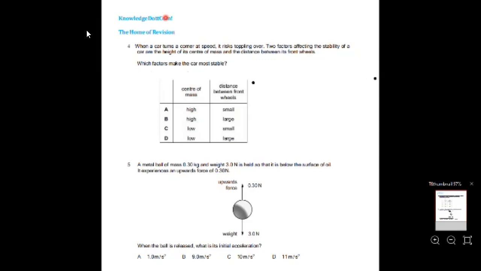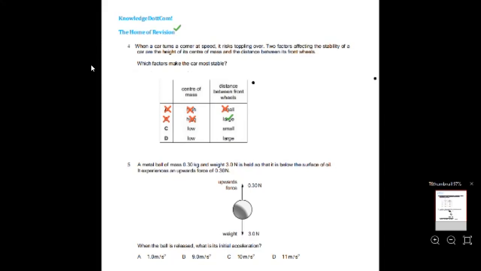That's incorrect. The center of mass cannot be high, it should be lower. It means this whole option is incorrect. A large base area is acceptable, but overall it would be incorrect.